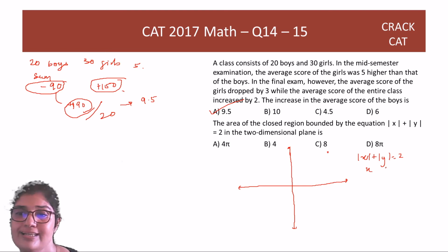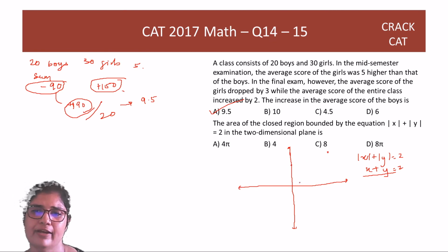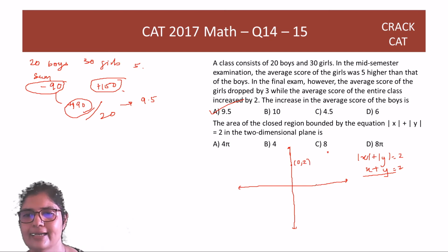Modulus of y is actually just y. So in the first quadrant, the equation is x plus y is equal to 2, which means generally whenever I have to plot an equation, I just find its points on the axes and then I just draw the line. So on the y axis, the value is going to be 0, 2. On the x axis, it's going to be 2, 0. So this is our line.